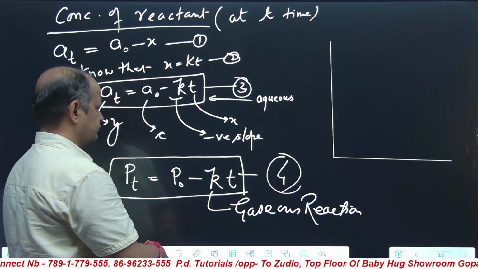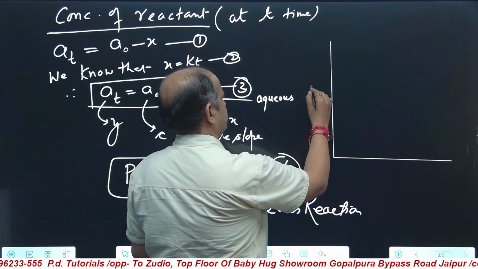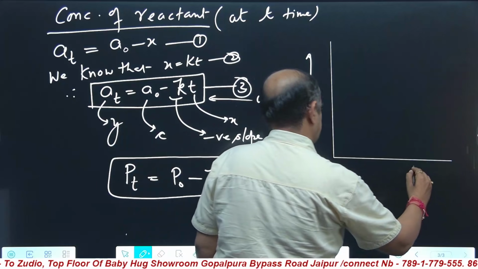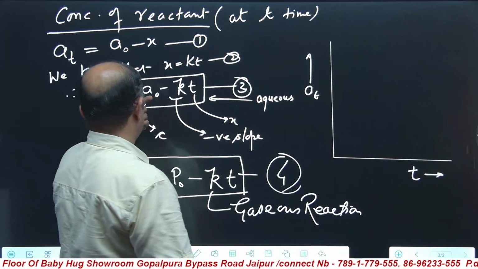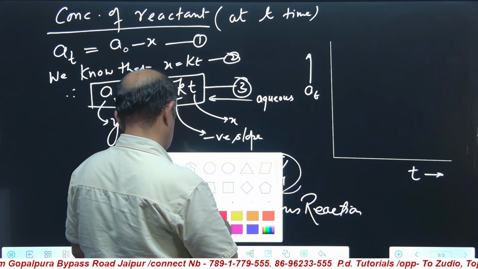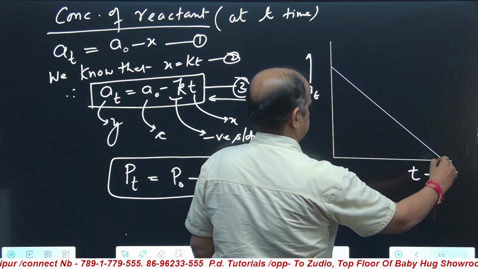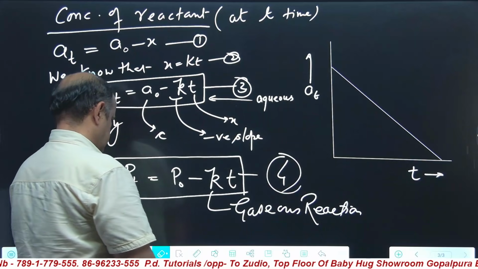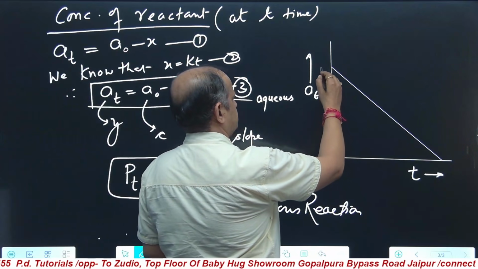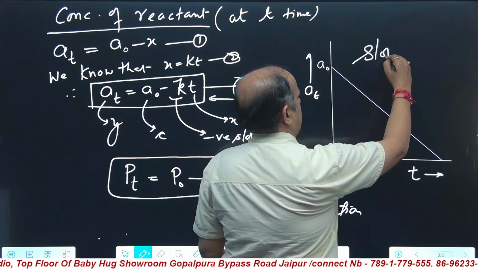Here, pressure at time t or concentration at time t, and here t. What is this? A naught. What is the slope?